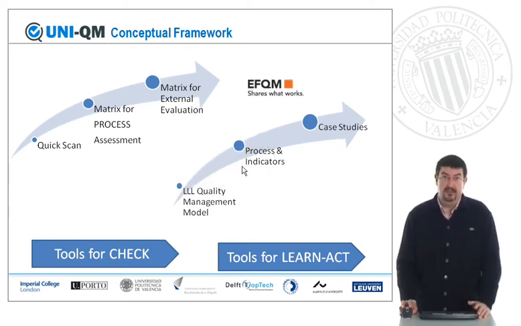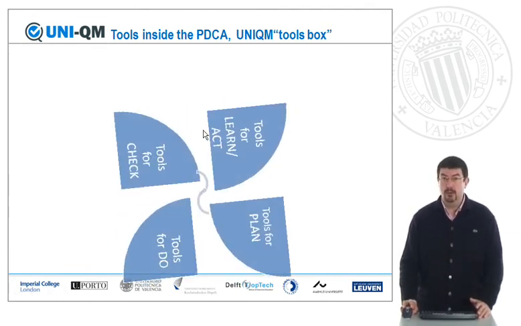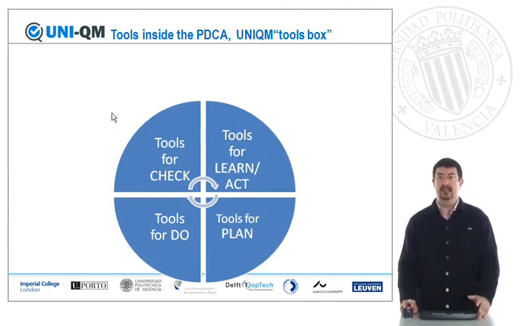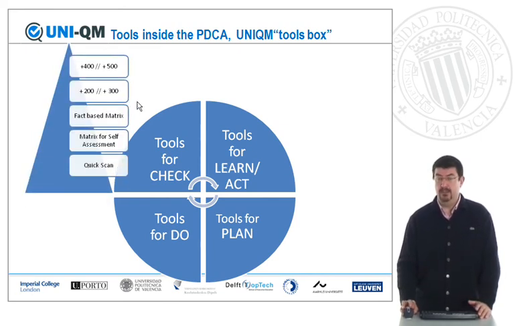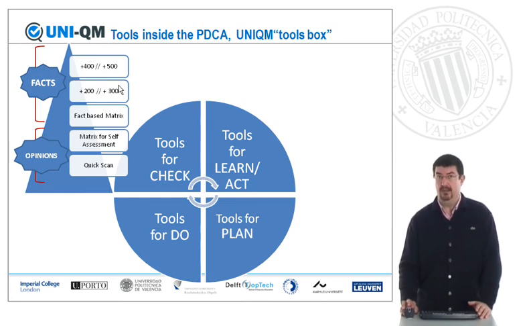The framework we have, the logical framework, is the UNI-QM, and inside our approach is to consider our project some kind of toolbox. A toolbox that has produced different tools, fundamentally based on opinions, not on facts, but tools that help to jump to the facts area of the UNI-QM model.